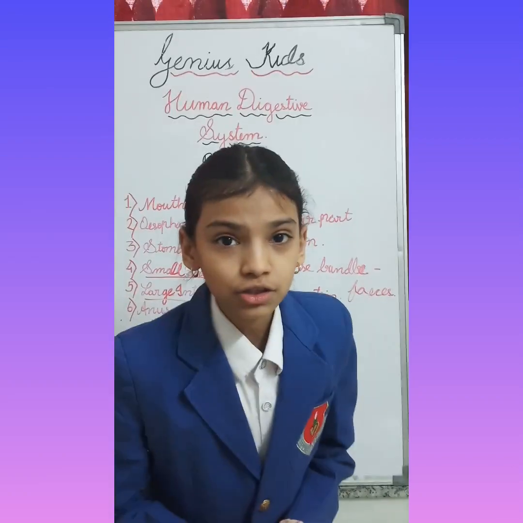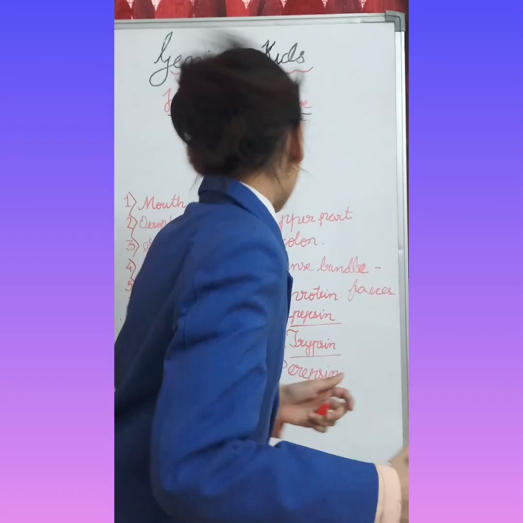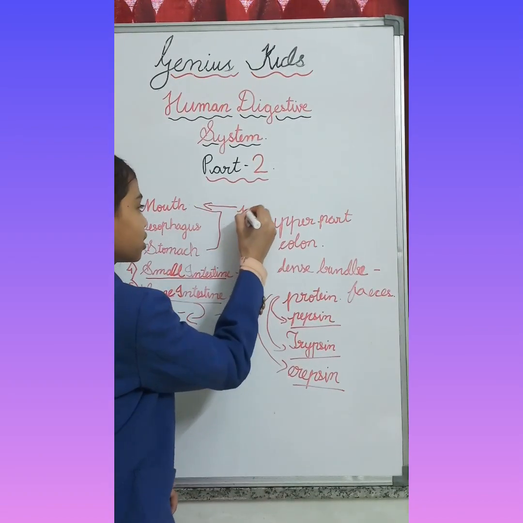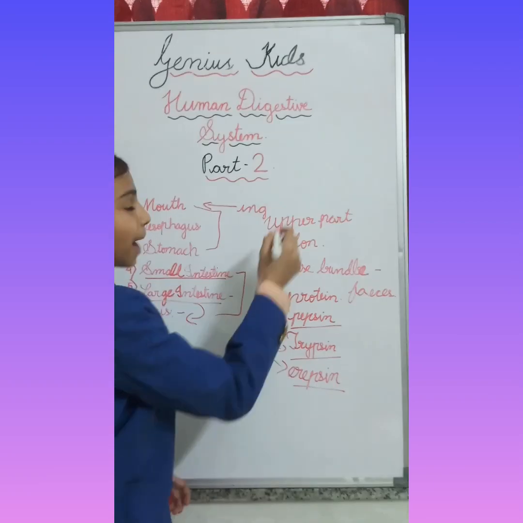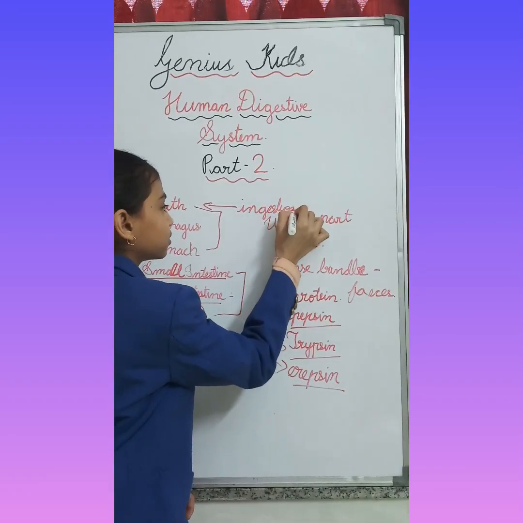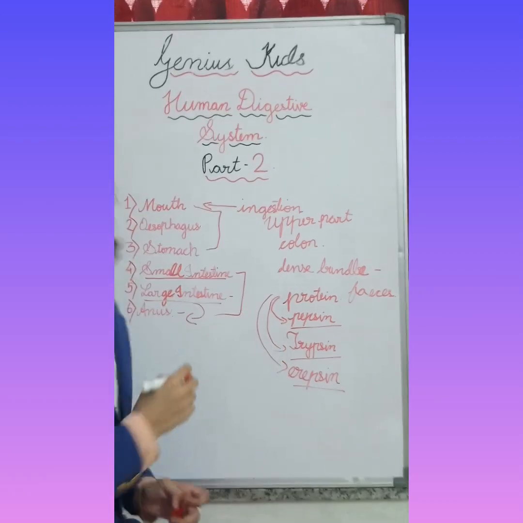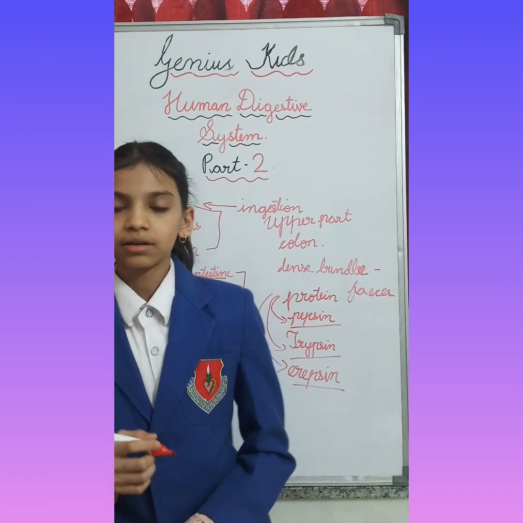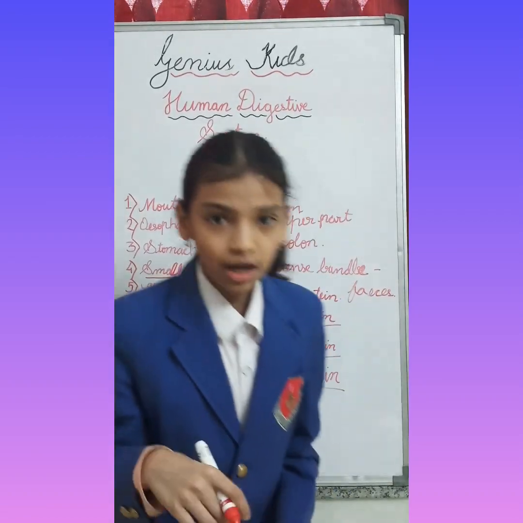The process of taking in food through the mouth is called ingestion, that we have learned in part 1. And what does the anus perform?